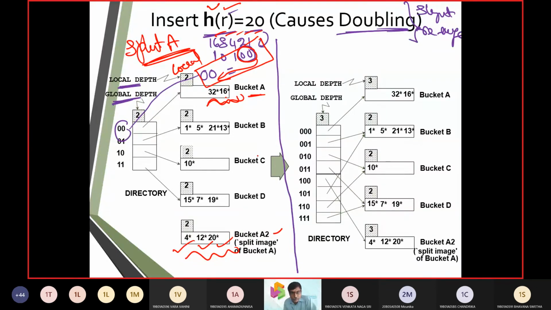That was the raised question, right? Yeah, if the bucket is full, you split it, put two elements there, put two elements there. But why did you distribute 4, 12, 20 into one? And why did you distribute 32, 16 into another? So this was the question which is rising in our mind. Okay, fine. So now let us solve that question.